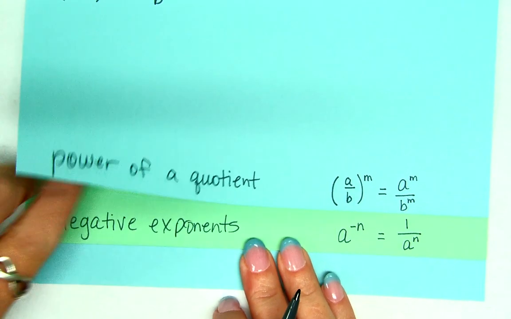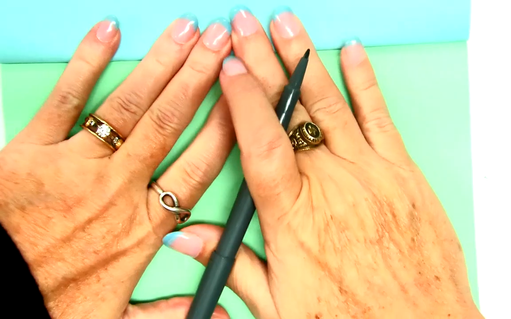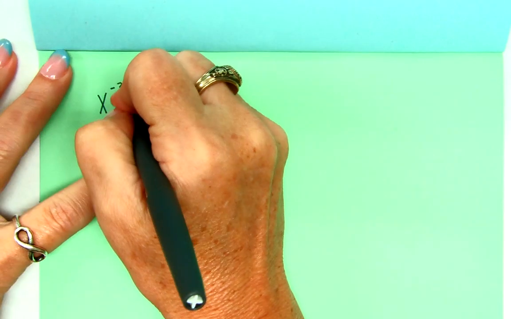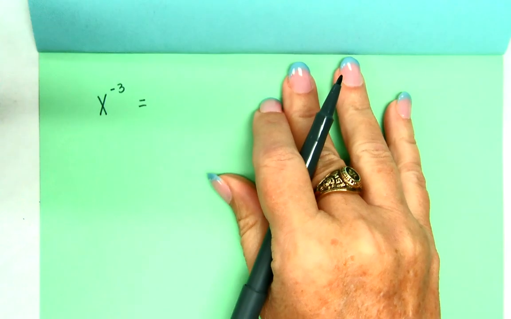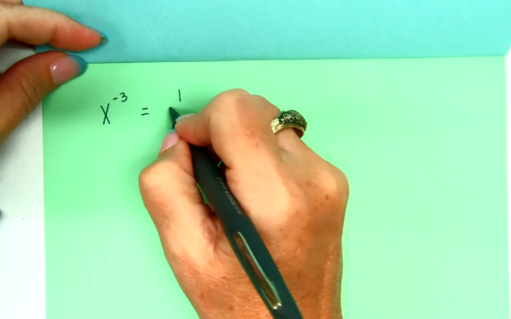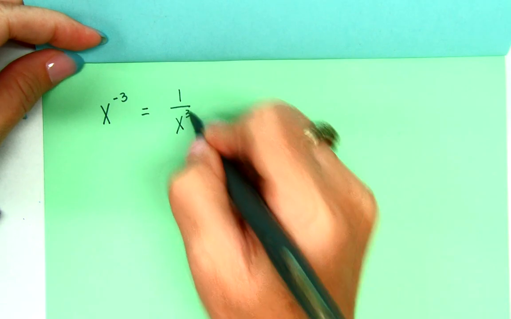Okay? So x to the negative 3rd actually equals what? 1 over x to the 3rd.